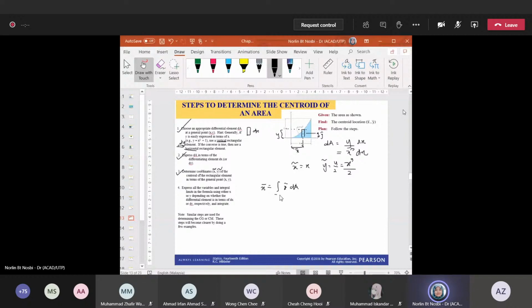So now you can replace: x tilde is x, and the dA you have to use the same symbol, x power of 3 dx. Oh, don't forget the integral, and then dA, x power 3 dx.